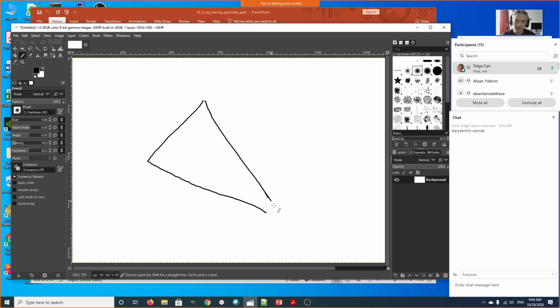I have three corners, A, B, and C. Any point P inside here is just like three different weights: WA times A plus WB times B plus WC times C. So this point P can be written as a weighted average of the three corners, because this is a linear equation.